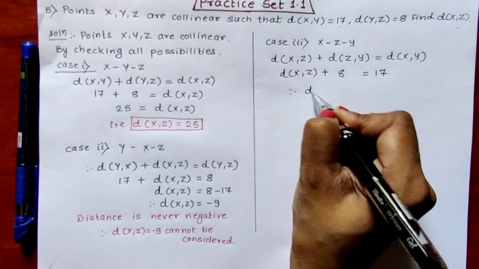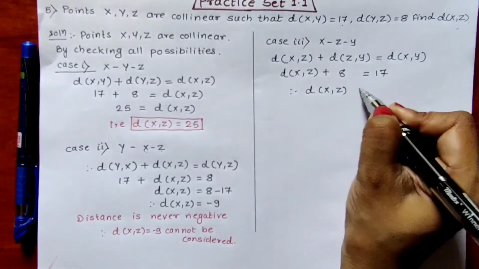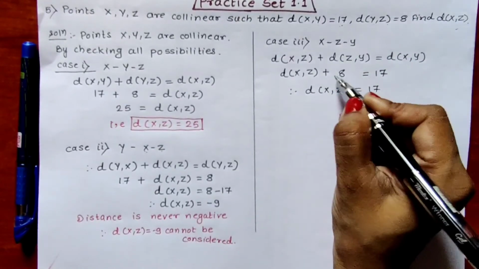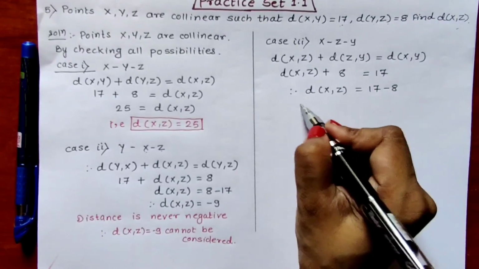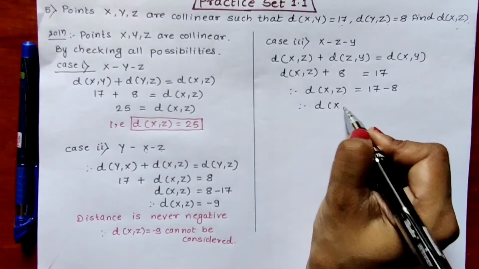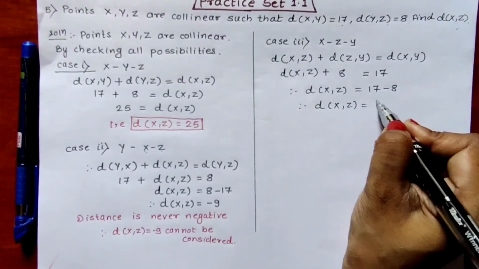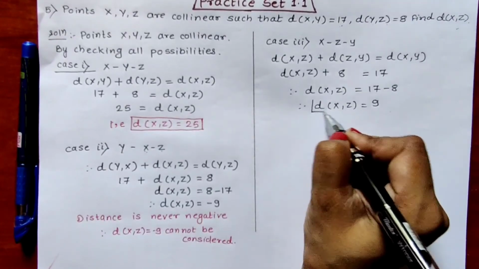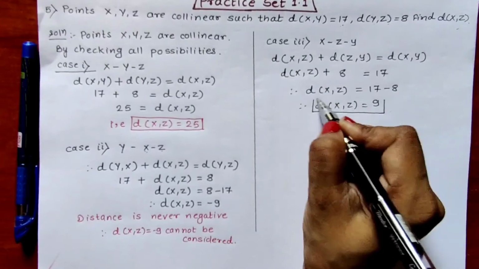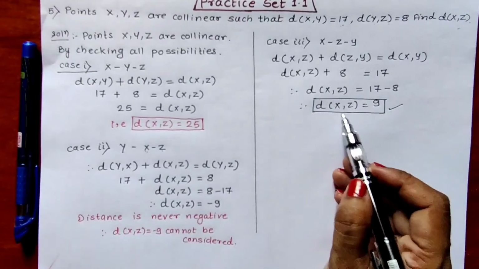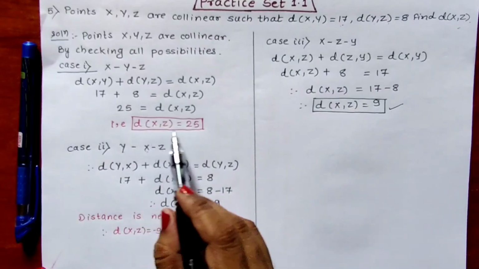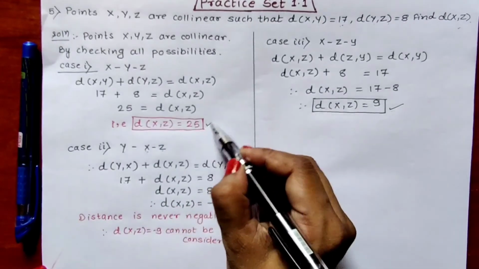And therefore distance xz plus 8 is equal to 17. This 8 we transfer to the right hand side, it becomes minus 8. And therefore distance xz is equal to 17 minus 8, which is 9. So in this way we have got two answers: distance xz is equal to 9 and distance xz is equal to 25.